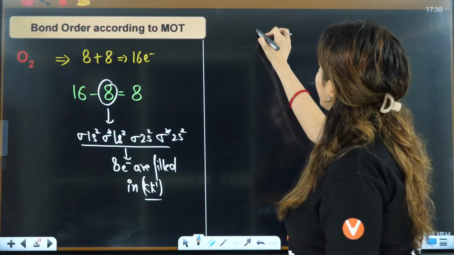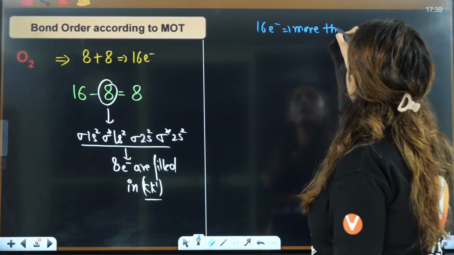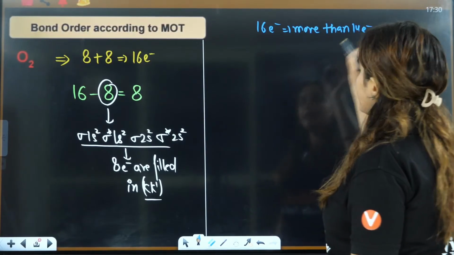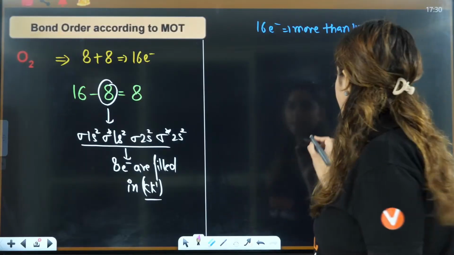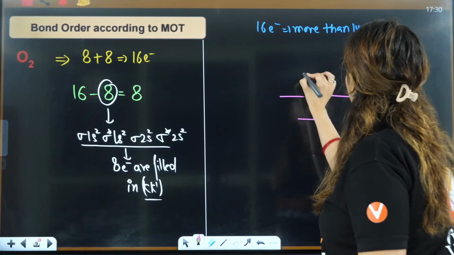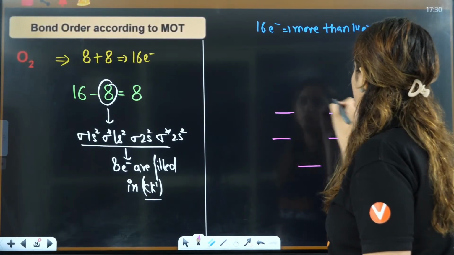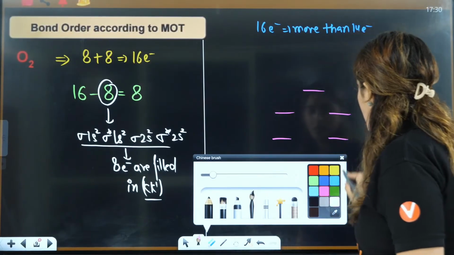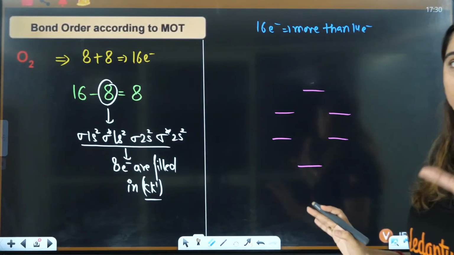Now 16 electrons means it has more than 14 electrons. So whenever electrons are more than 14, it will be 1, 2, 2, 1. That means I'll just draw it here: 1, 2, 2, 1, right? 8 electrons you have already filled, 8 electrons you need to fill.